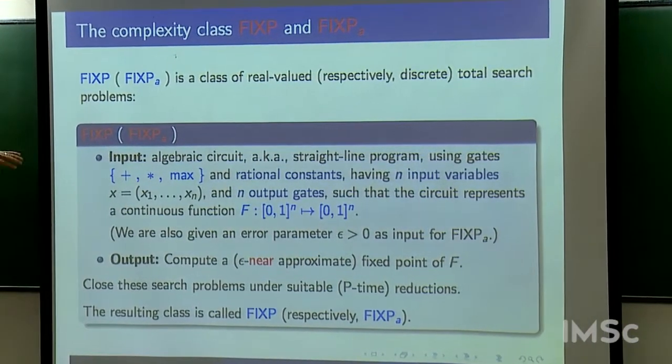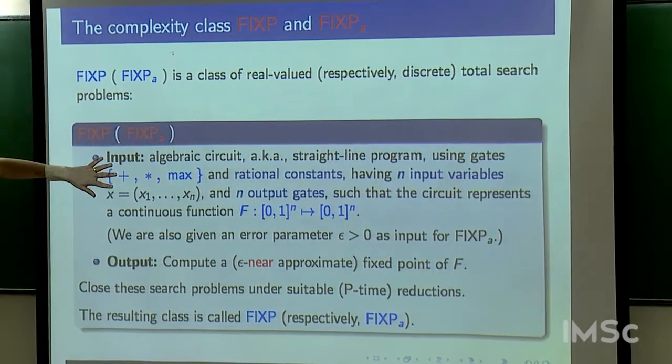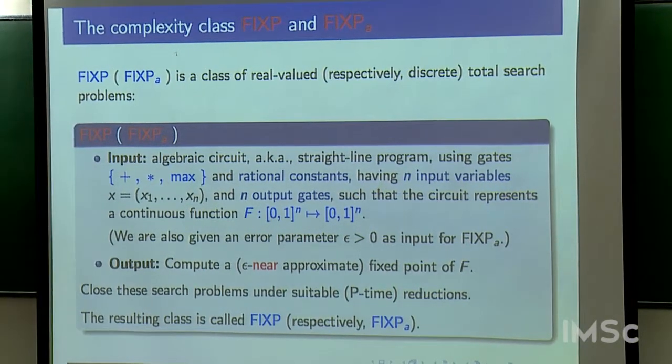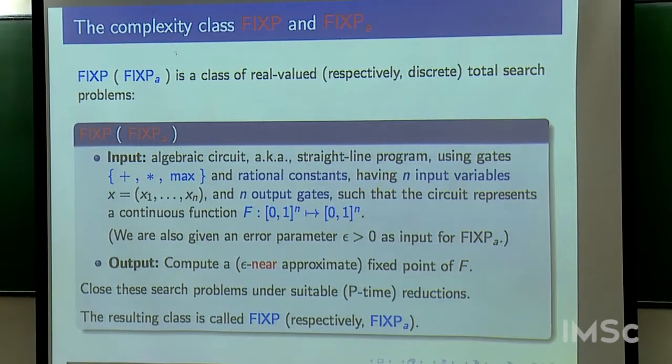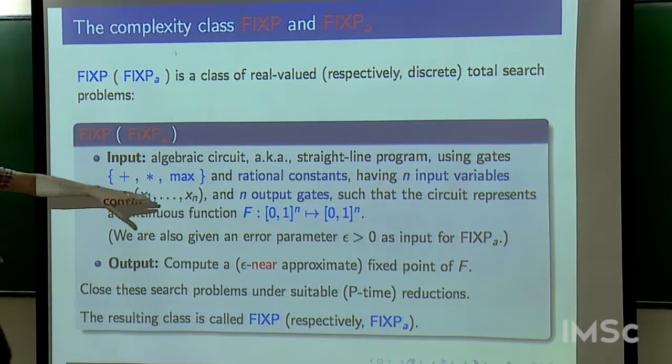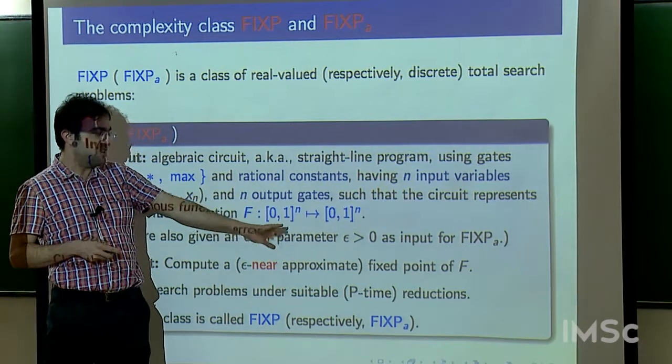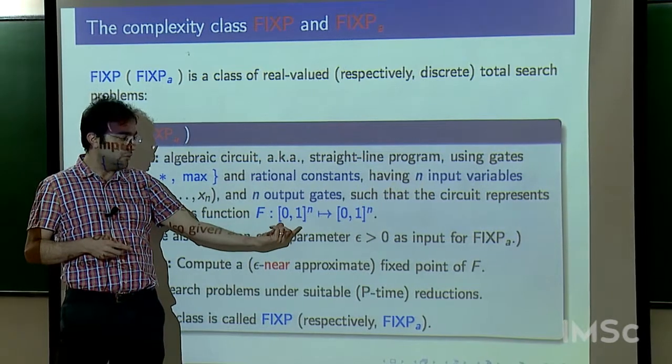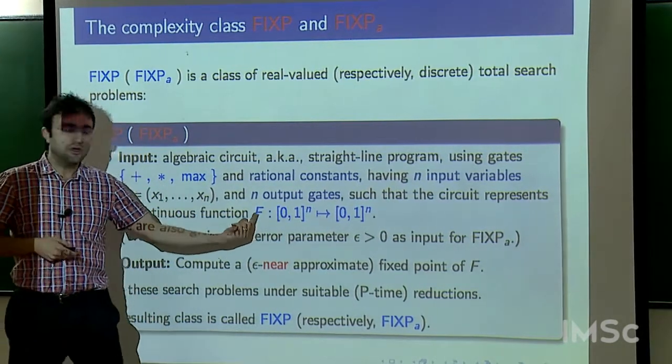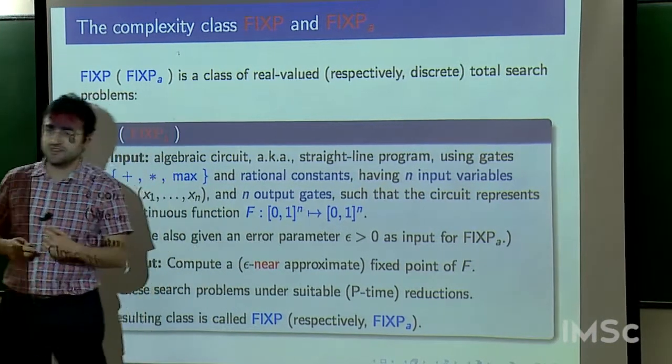And what are they? The input to the class is that we're presented with a Brouwer function, a function that maps, in this case, the compact convex domain, the unit n-cube, to itself.